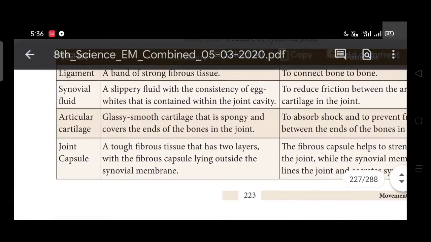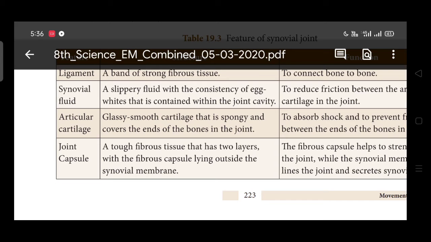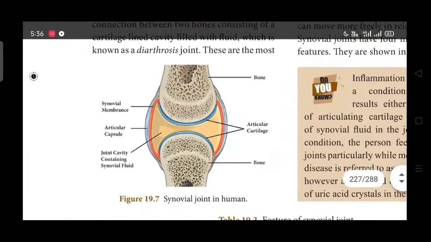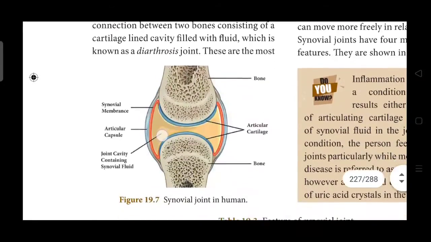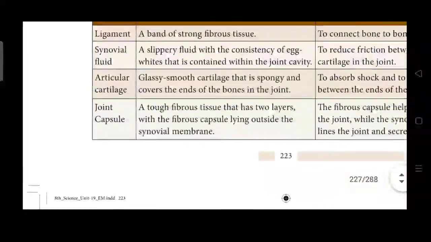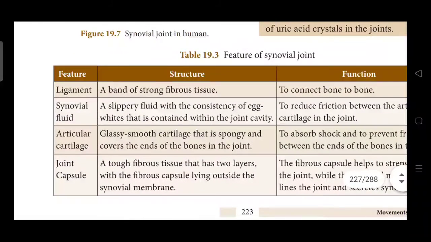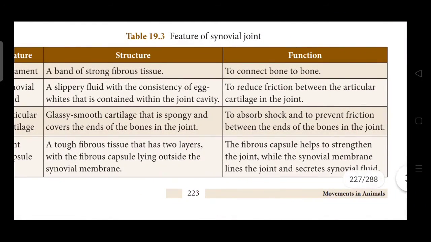Next is the joint capsule, a tough fibrous tissue that has two layers, the fibrous capsule lying outside the synovial membrane. We already saw that outside the synovial membrane, the blue color layer, is the joint capsule. The fibrous capsule helps to strengthen the joint, while the synovial membrane lines the joint and secretes the synovial fluid.